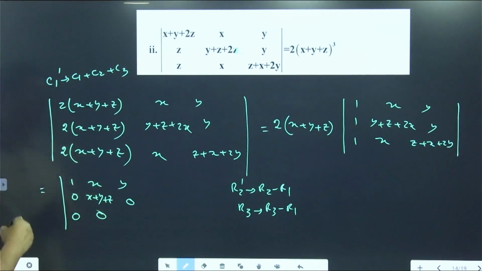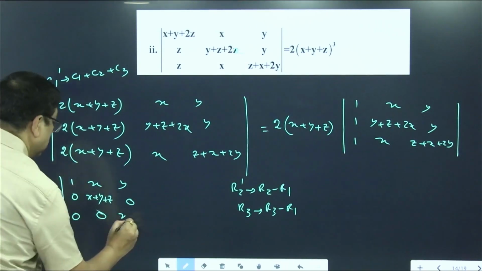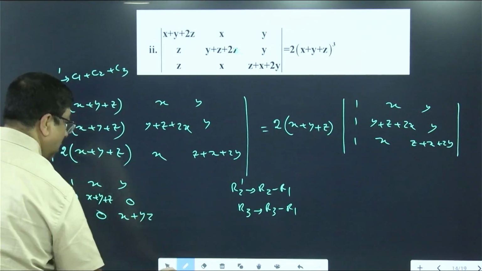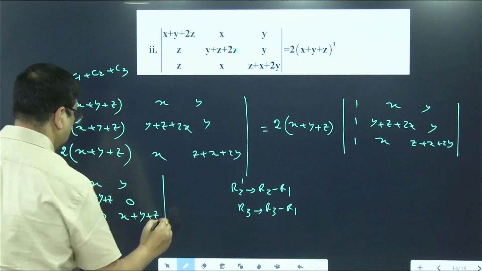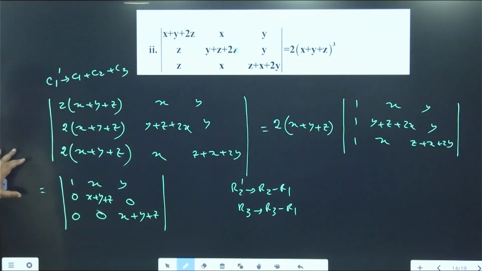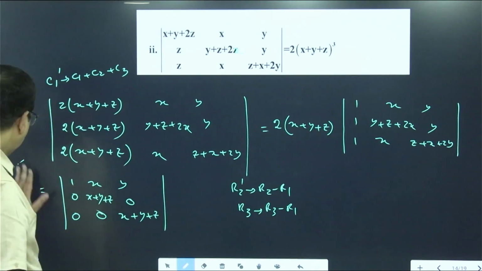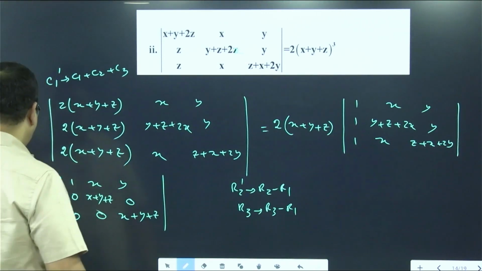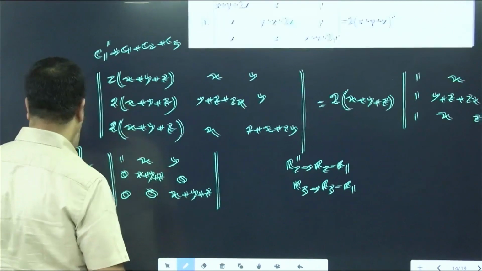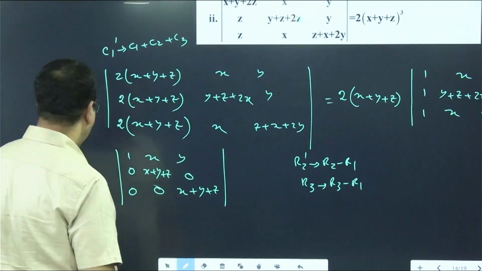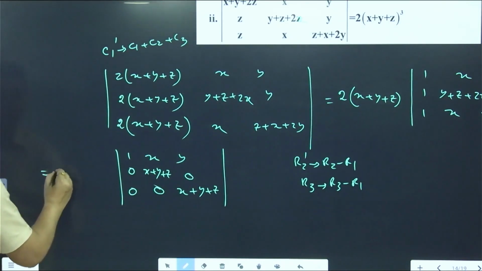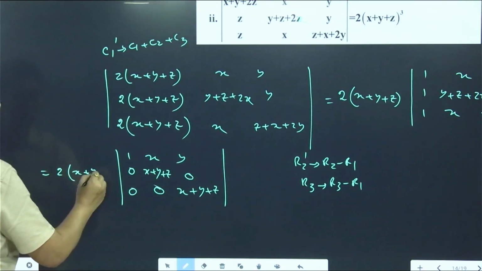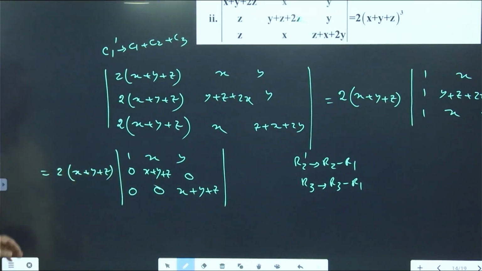There are so many zeros, and x plus y plus z. And it was 2 into x plus y plus z.